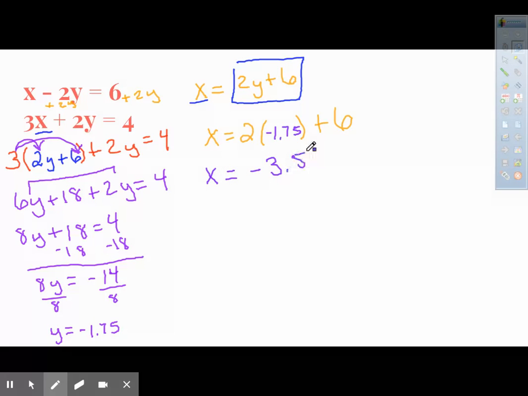Wait, no, I got 2.5. Did you already add the 6 to it? Yes. Okay, perfect. So x equals, you said 2.5? And then my ordered pair is 2.5 comma negative 1.75. Wait, what is? That's a fraction. 2.5 would be 5 over 2, and that would be negative 7 over 4. Okay, good, that's what I got.